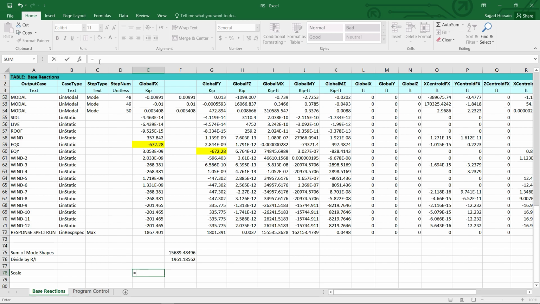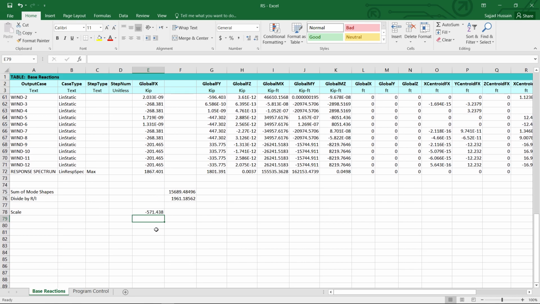Let this equal to 0.85 multiplied by this value. So actually our response spectrum value should be 571.438 instead of 1867. So we have to scale it down.